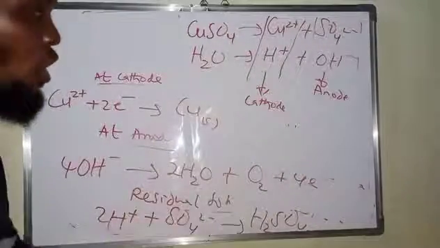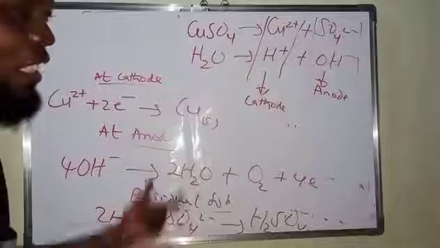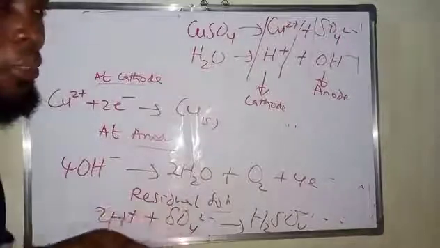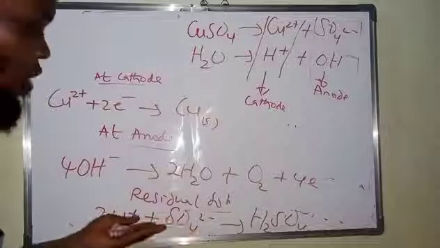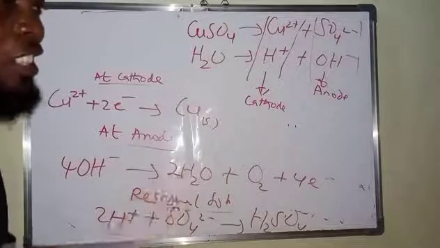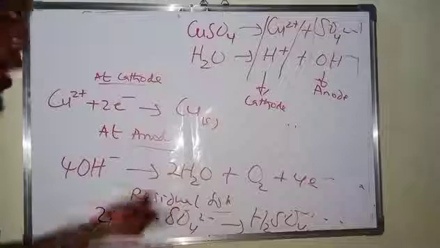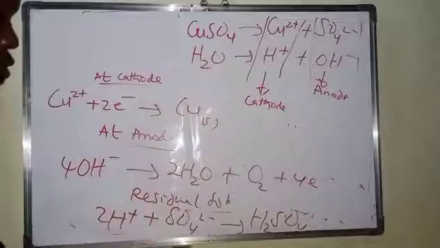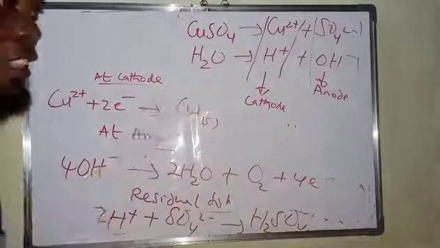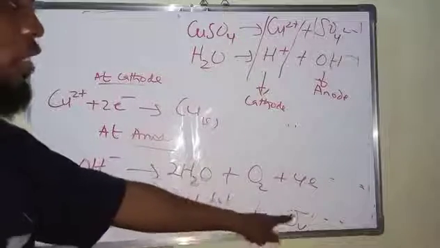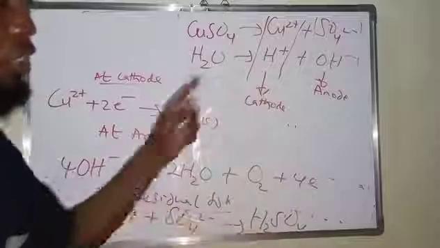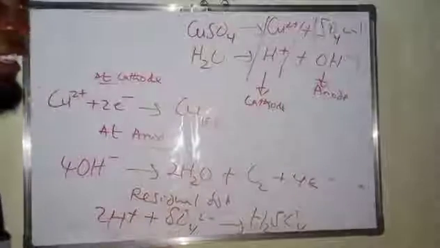H2SO4 is an acid. So we can say that the residual solution is acidic, but that is not what we have in the option. The option is about the color change, not about the acidity or the alkalinity or the neutrality of the residual solution. A question might also come with options like acidic, basic, whatever. Because of the formation of H2SO4 in the residual solution, it means the residual solution is acidic.